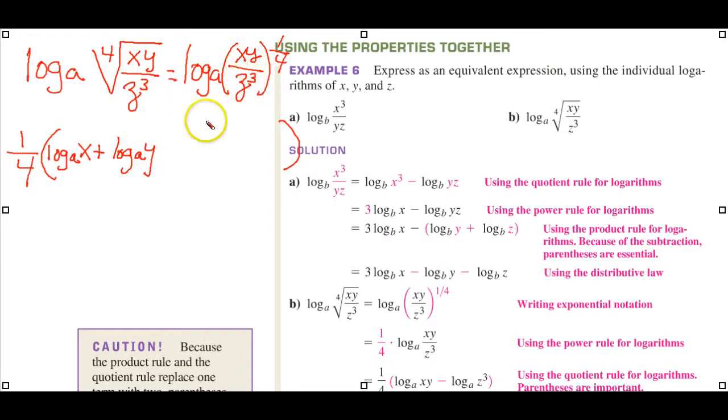And then I'm going to do minus, because I'm in the denominator, but what is that power to? Well, it's 3 log base A and then to z.